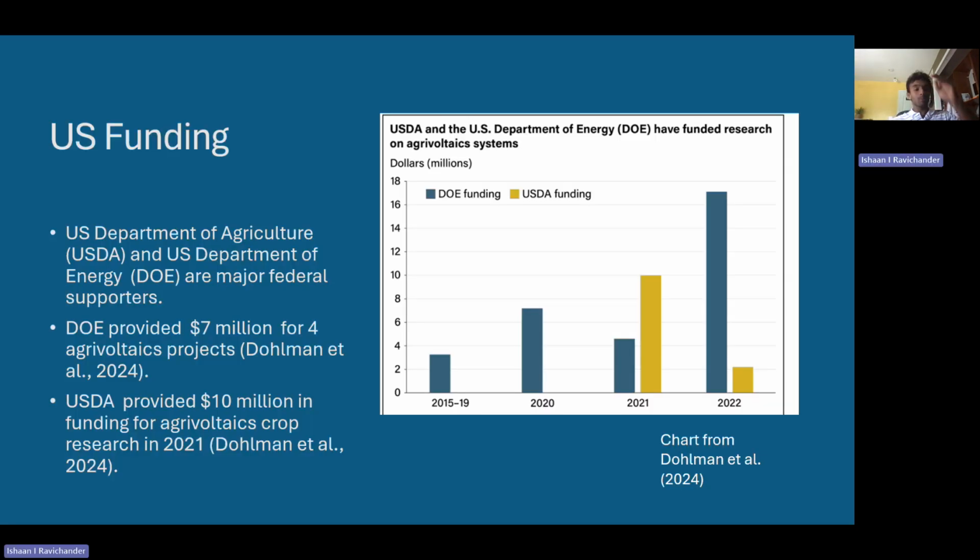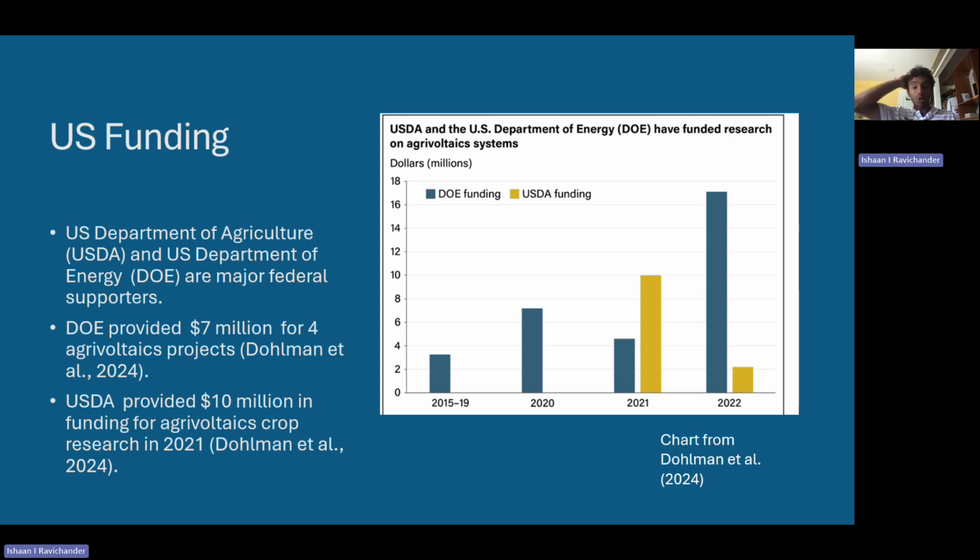So I thought it was important to discuss funding for agrivoltaics in the US and their recent expansion in order to highlight that this is still a growing industry that's in its preliminary stages. So the US Department of Agriculture and the US Department of Energy have both funded research on agrivoltaics in recent years.